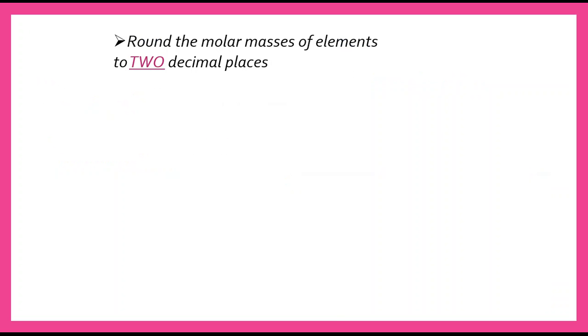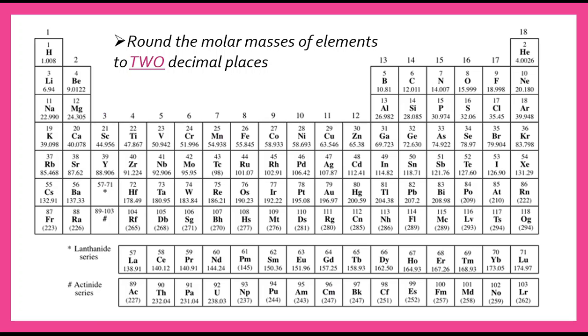Now, for the periodic table, any periodic table that you're using, I want us all to have the same numbers. So we're going to all round to 2 decimal places. What does that mean when we're rounding to 2 decimal places? Like for calcium here, it's 40.078.